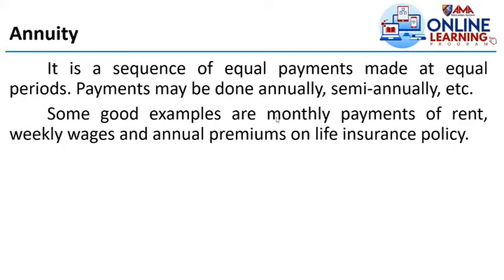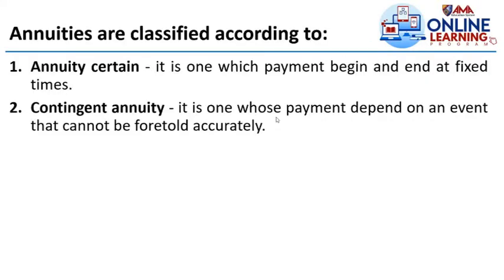Okay. So there are two types of annuities: annuity certain and contingent annuity. Annuity certain is one of which payments begin and end at fixed times. Kumbaga, there is a time frame, tinatawag natin na life of investment, kung when ka magbabayad and when mag-end yung babayaran mo. So for example, nangutang ka ng cellphone.